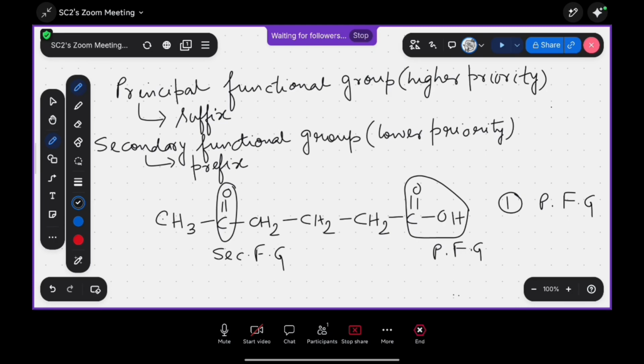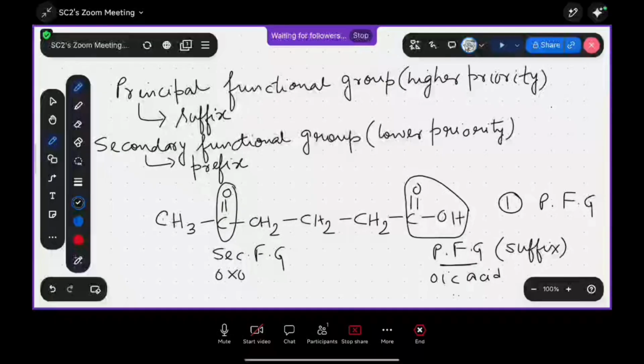Whenever you write the IUPAC name, for the principal functional group we always use the suffix. For COOH the suffix is oic acid, whereas for the ketone functional group the suffix is oxo.